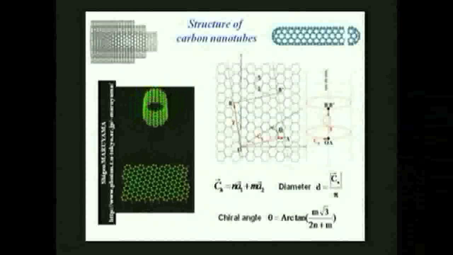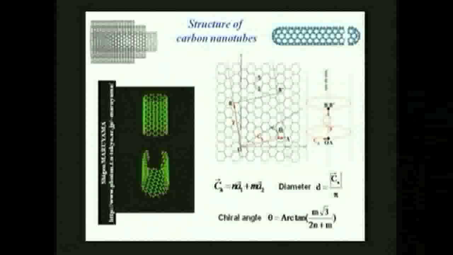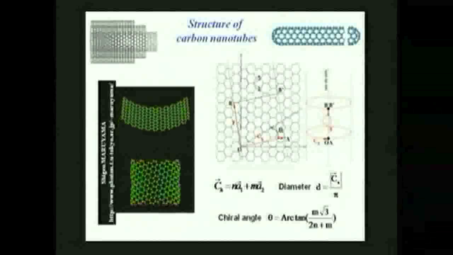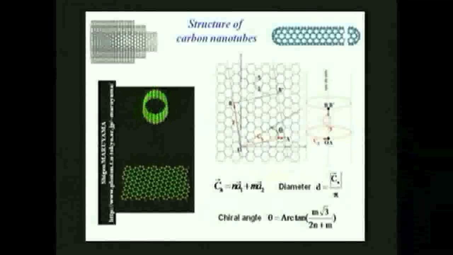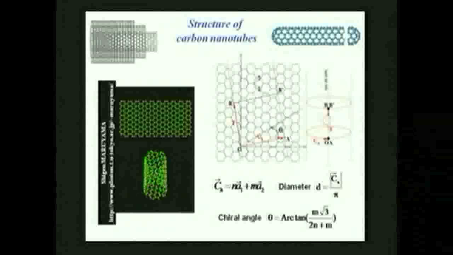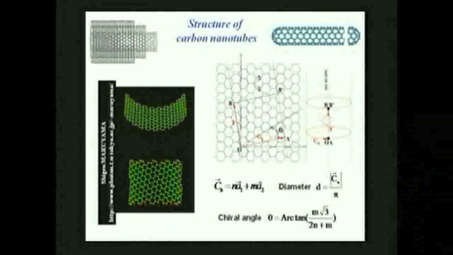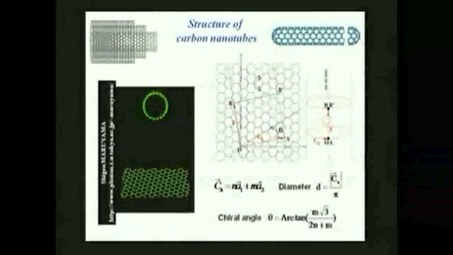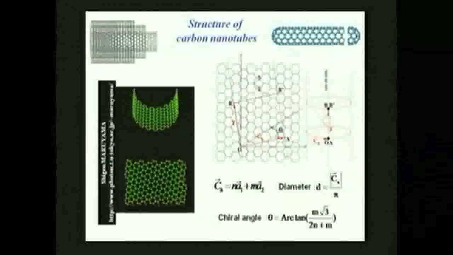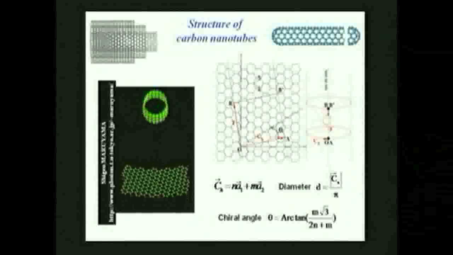Theta is actually the angle between the chiral vector and the direction of one unit vector, let's say a1. So theta is the angle between a1, this is the direction of a1, and the chiral vector. And theta is directly defined by n and m, the two integers which allow to define the chiral vector.